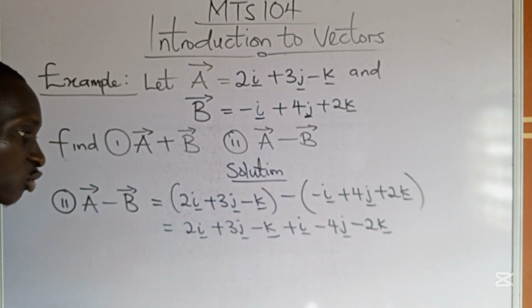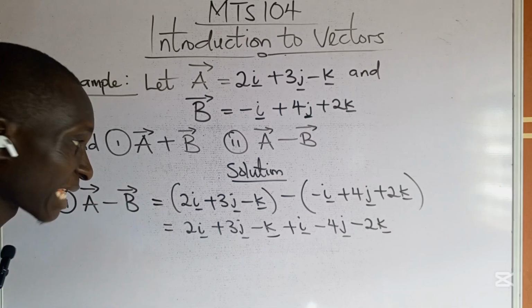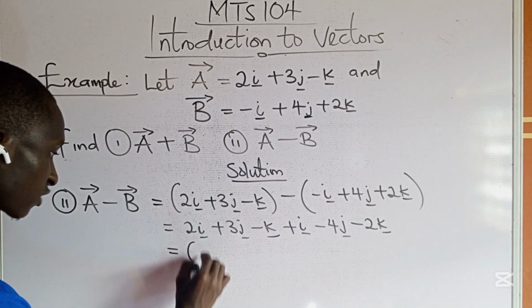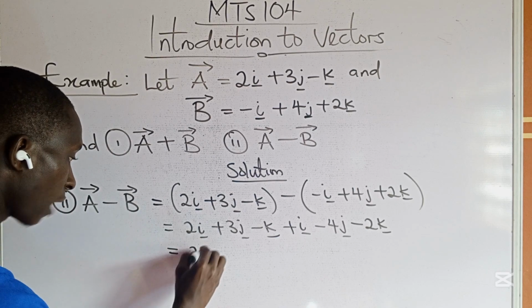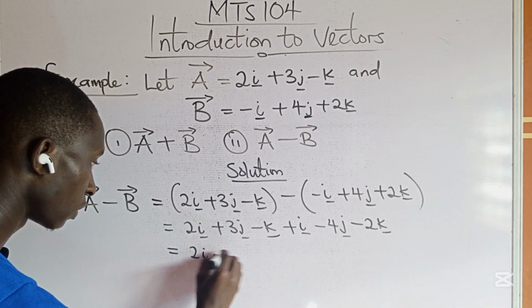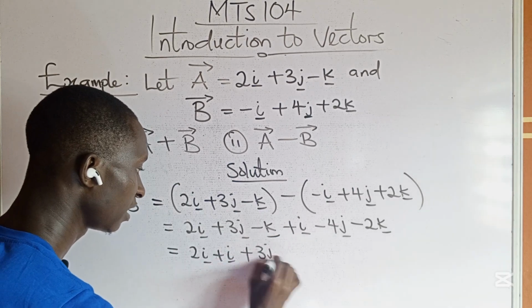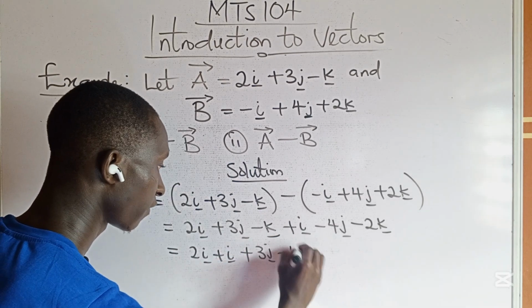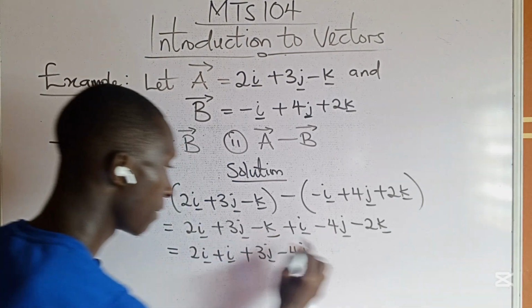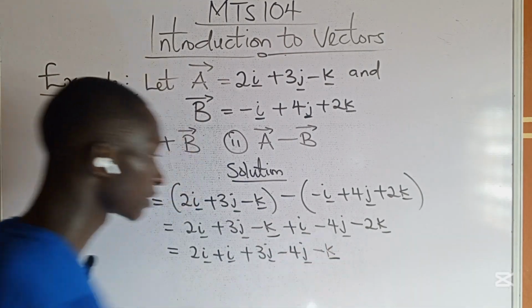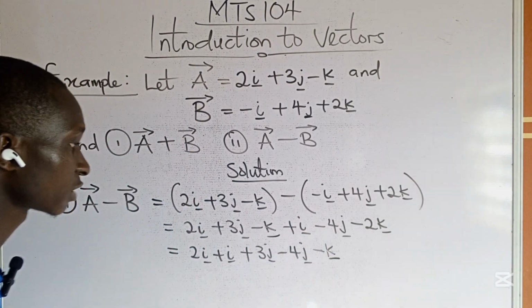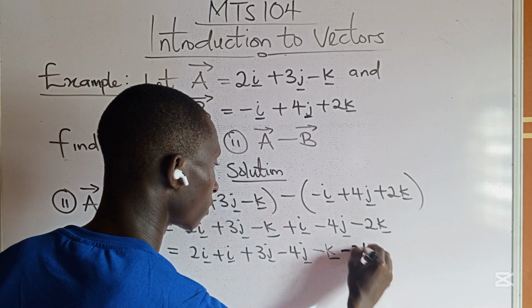Now that we have this, we can now collect like components together. So that means we have 2i plus i, plus 3j minus 4j, minus k, right? We have minus k, then we have minus 2k.